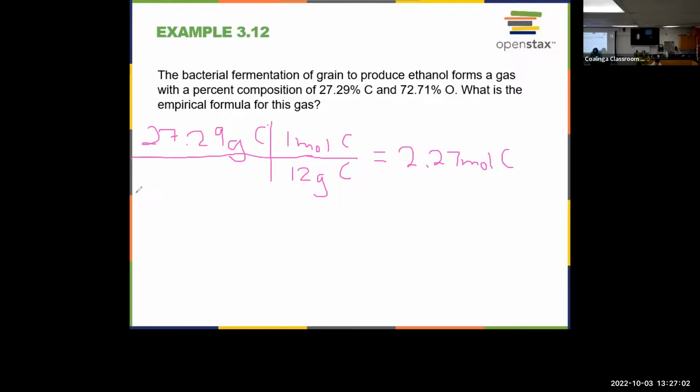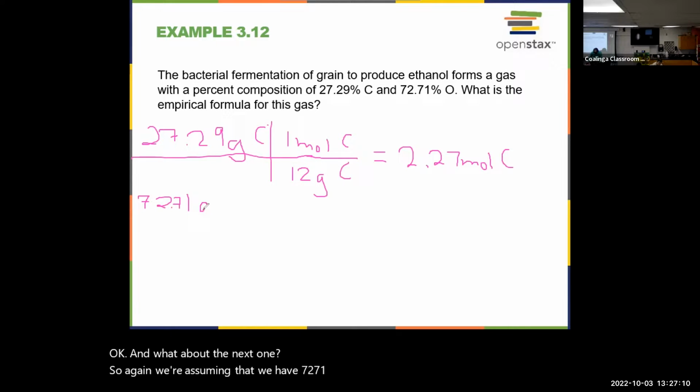Okay, and what about the next one? So again, assuming that we have 72.71 grams of oxygen.